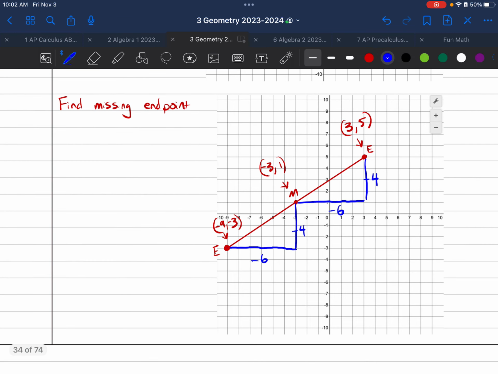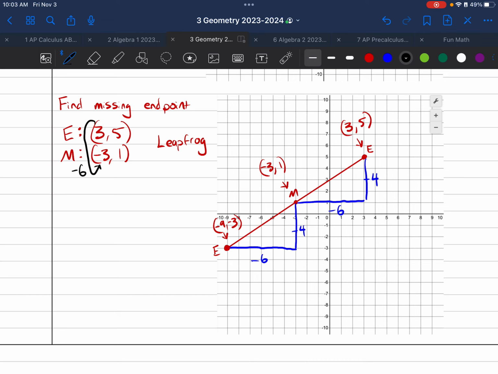So I will say, find the missing endpoint. And the problem was, if an endpoint was 3, 5, and the midpoint here was -3, 1, well, you do the leapfrog. To get from 3 to -3, we went down 6.